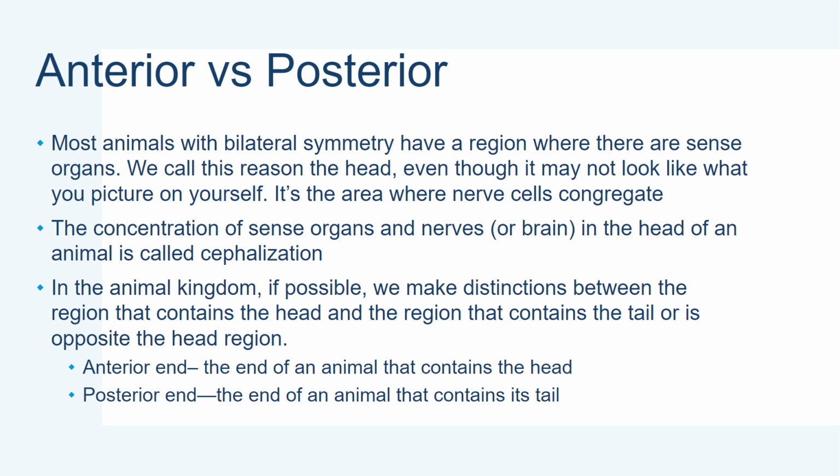And this concentration of sense organs and nerves in a particular location is called cephalization, and it makes distinctions possible between identifying ends of an organism. The anterior end always contains the head, the posterior end always contains the tail. Anterior also means kind of towards the front, and posterior means towards the back. And that again can change if we're looking at organisms other than humans.